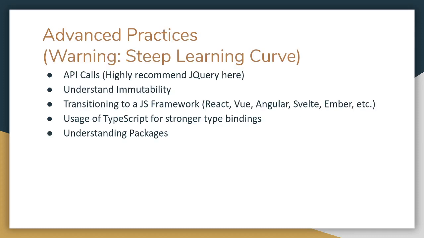But if you're still interested, here's what I was talking about. So for advanced practices, for API calls, I would highly recommend jQuery if you're working with vanilla JavaScript. If not, there's some other libraries that you could use, like Fetch or Axios.